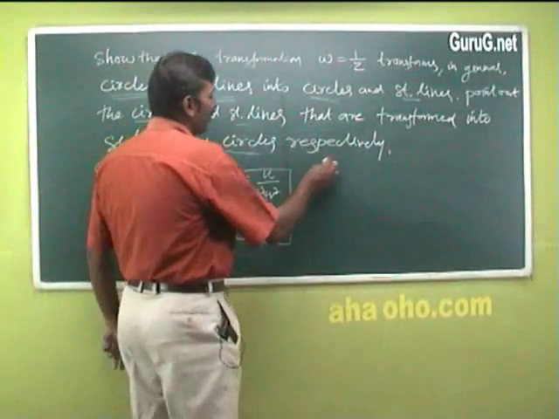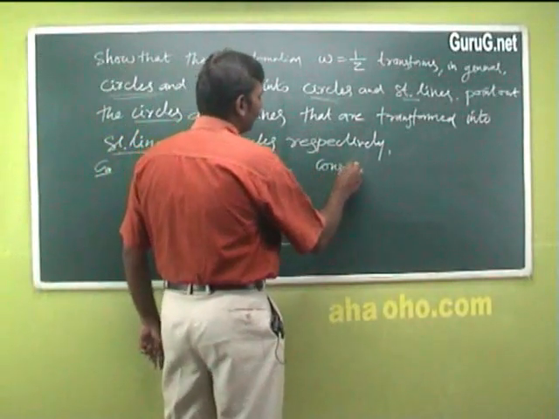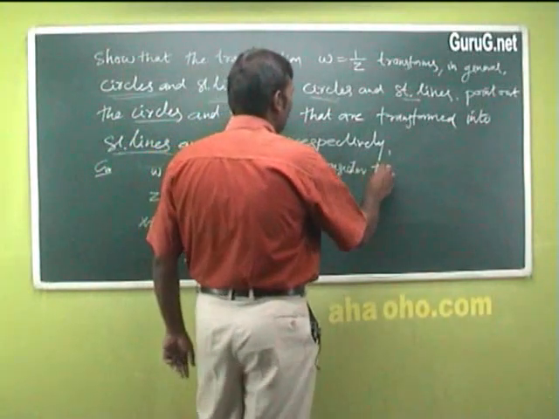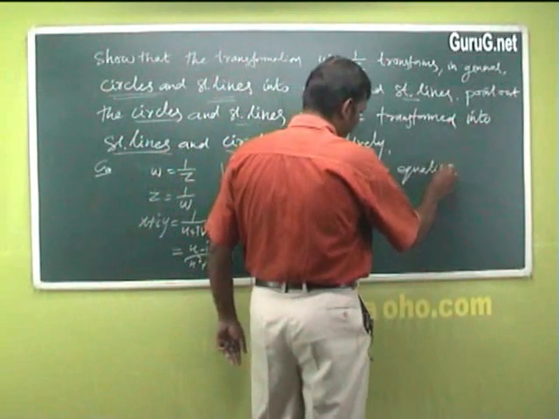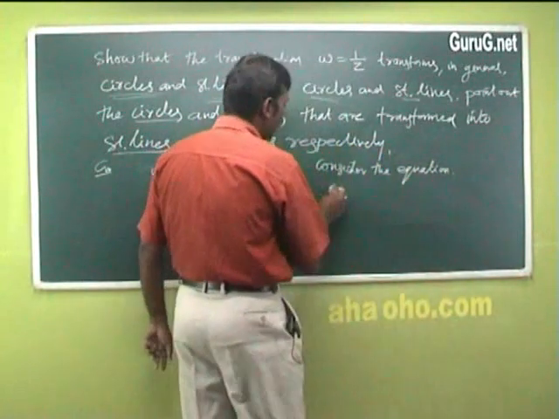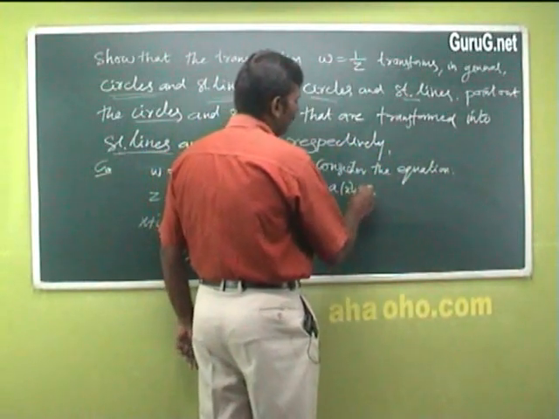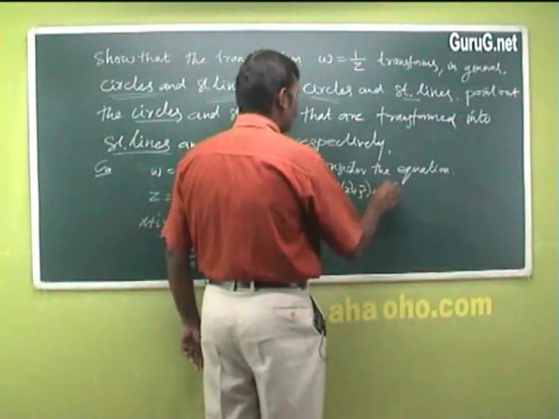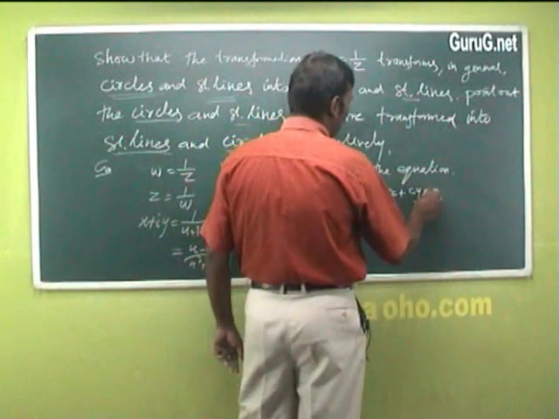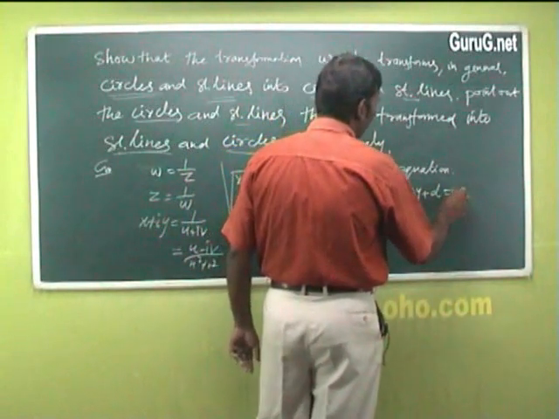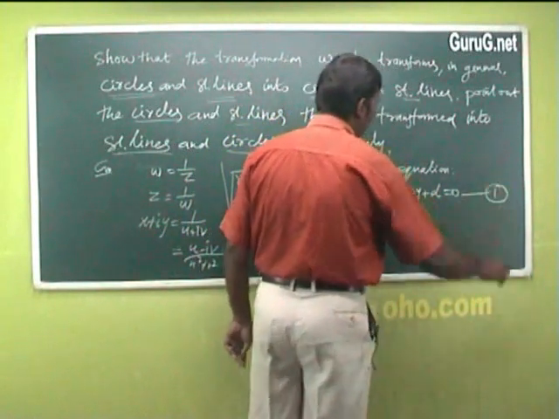So consider the equation A into X square plus Y square plus Bx plus Cy plus D equal to 0. Take it as equation number 1.